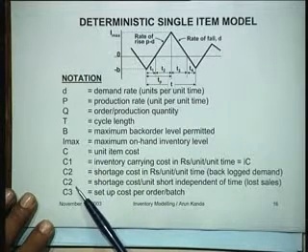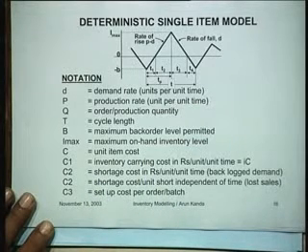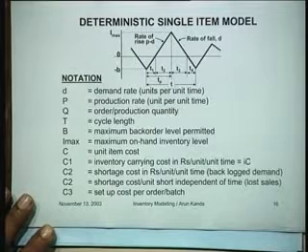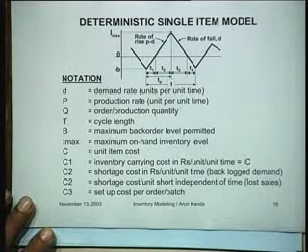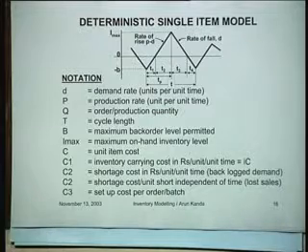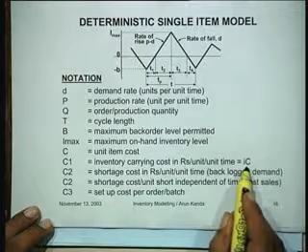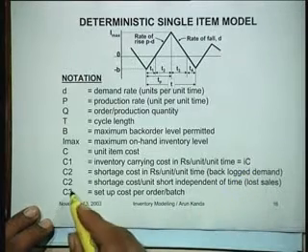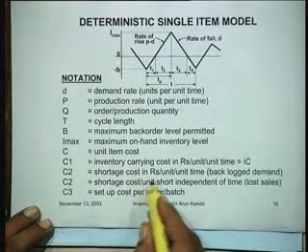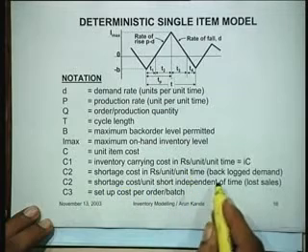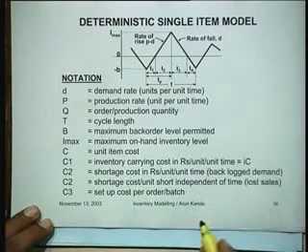C1, C2, C3. In fact, in this particular situation we have considered 2 types of shortage costs. C1 is the inventory carrying cost, which is equal to IC as usual. C2 is the shortage cost in rupees per unit time. So this is the backlogging cost as you have before.